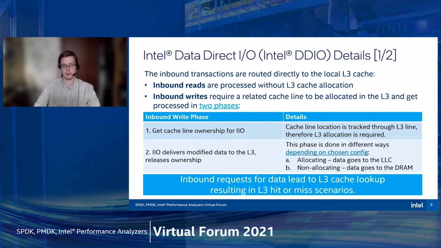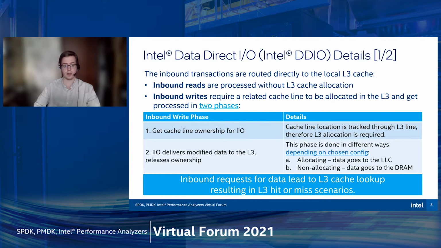The situation is a little bit different for inbound writes. When the device wants to modify the data, it needs to get a copy of this cache line, and the cache line location is tracked in the L3 cache controller, so cache allocation is required. So inbound writes actually require cache allocation, and they get processed in two phases.